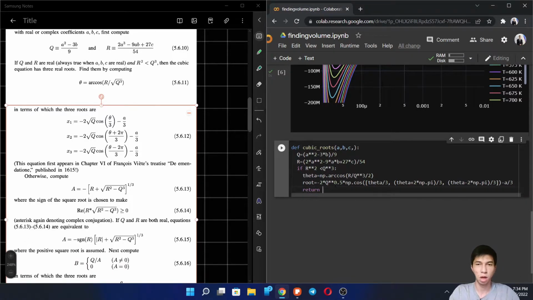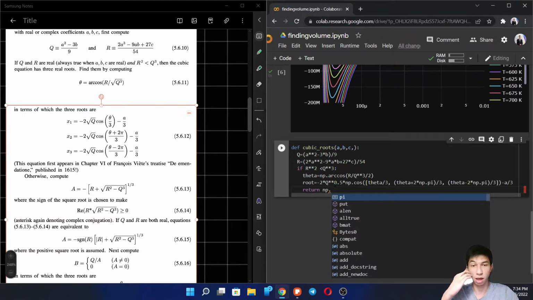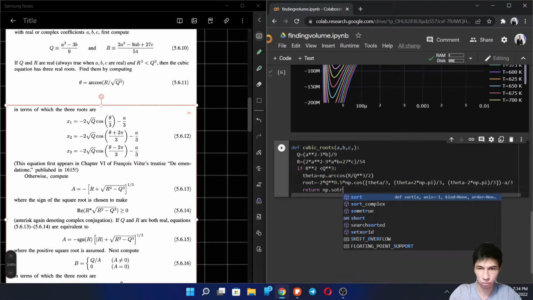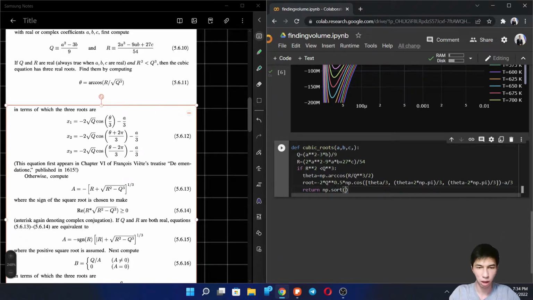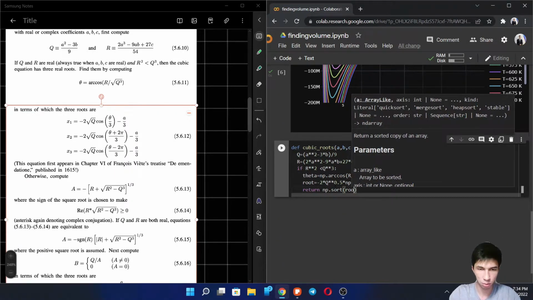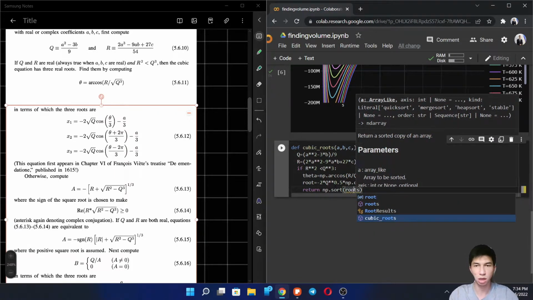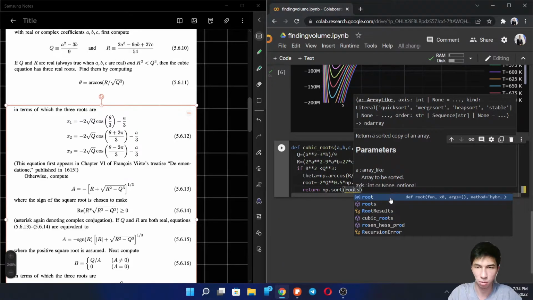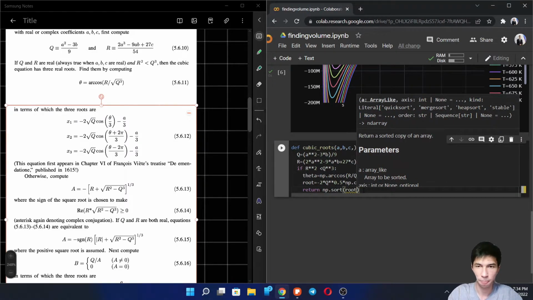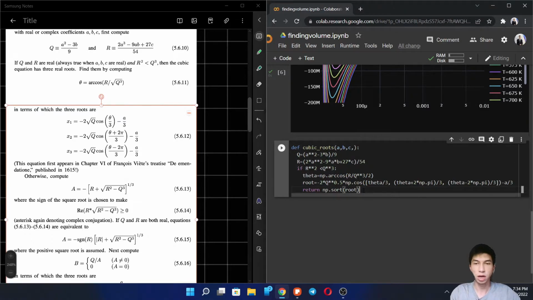So in NumPy, when working with arrays, we have a function sort, and let's say it's going to take our root and sort it in increasing order.